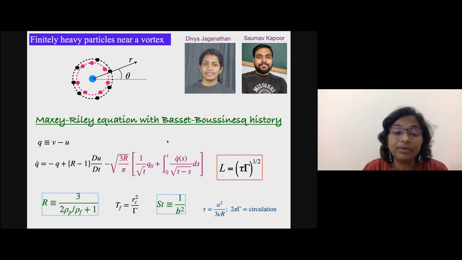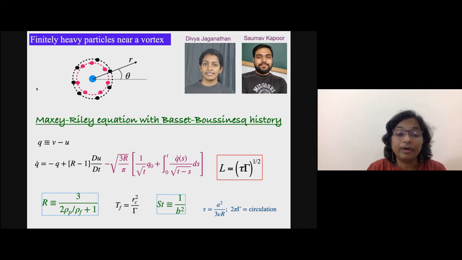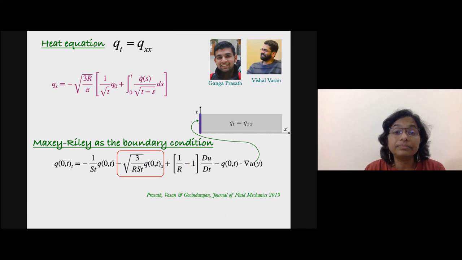That's why most people neglect the history term, whether it's negligible or not. And we're going to show that it's not negligible for finitely heavy particles. Here is a Stokes number we define based on the Lamb-Oseen vortex radius, and R is a number defining the finite thickness.